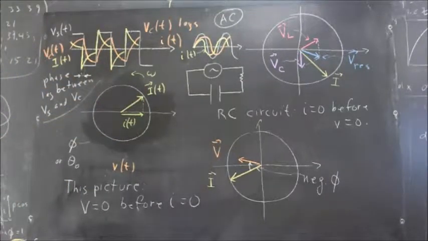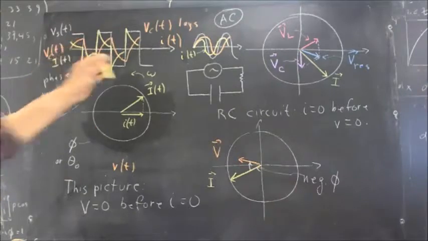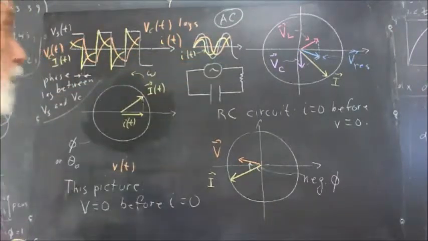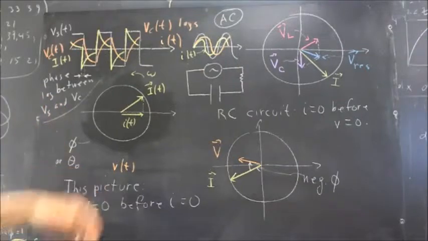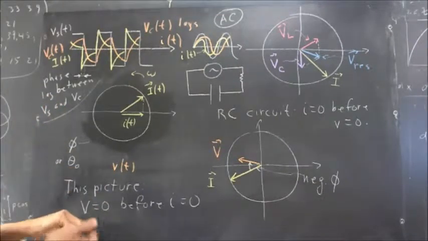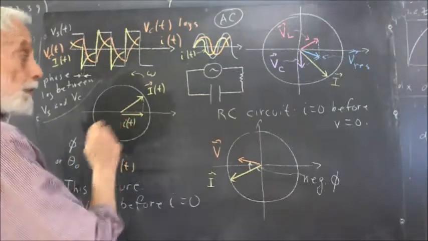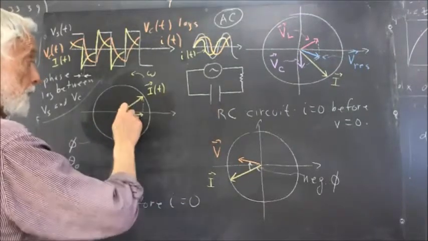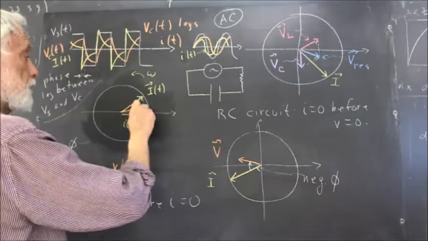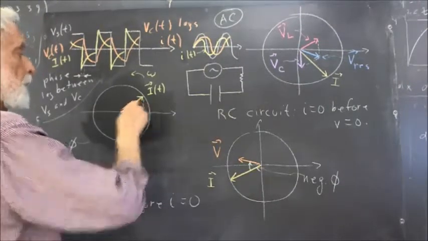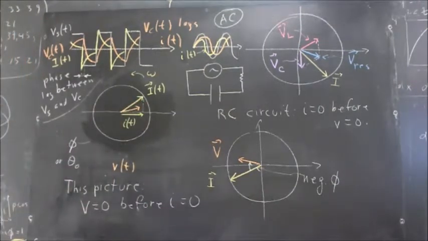Now, we've seen that the voltage lags the current. The voltage hits 0 after the current reaches 0. So we want a voltage vector on this picture as well. Now, the voltage vector I'm going to draw with a different magnitude. It could be larger, could be smaller, but I'm going to make it smaller just because it messes up the picture a little bit less.